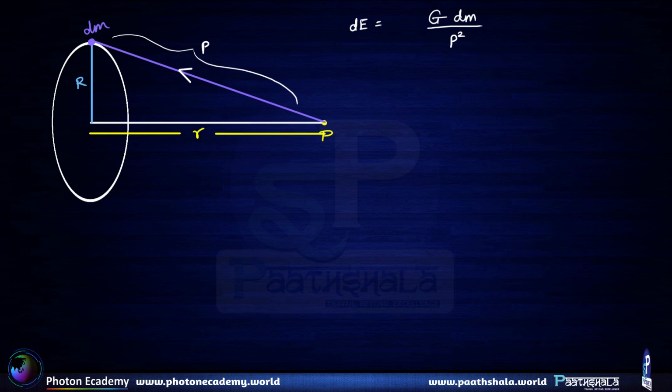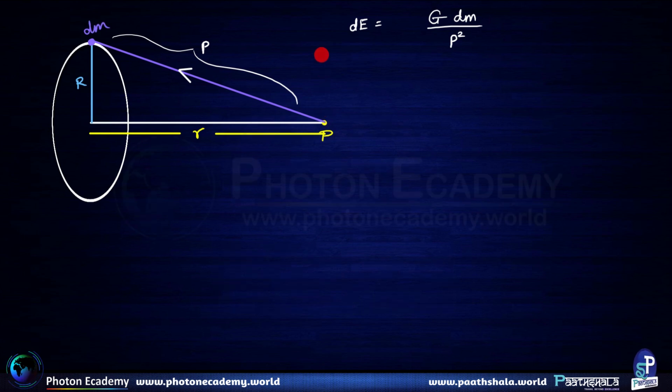However, this particular field has two components. One is the vertically upward component and one is the horizontal component towards the left. Now this vertically upward component gets cancelled because of the opposite point's gravitational field having a vertically downward component.